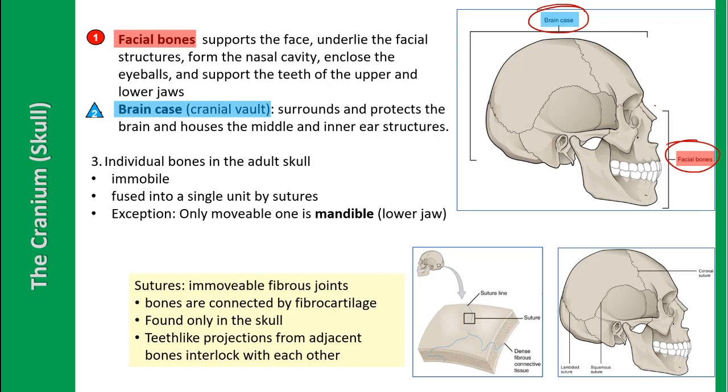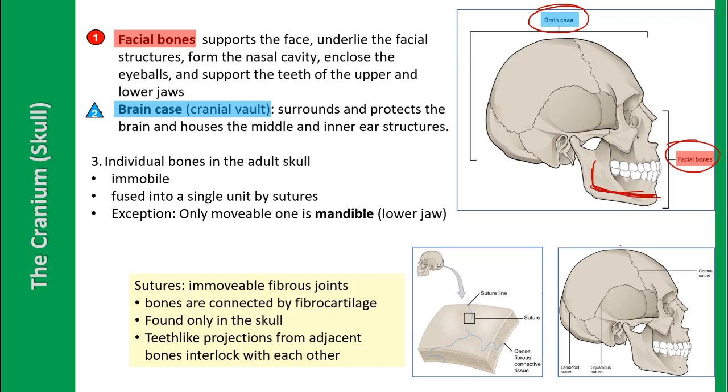Individual bones in the adult skull are fused together into one single unit. The only exception, the only movable bone in the entire cranium, is your lower jaw or the mandible. Everything else is fused together.